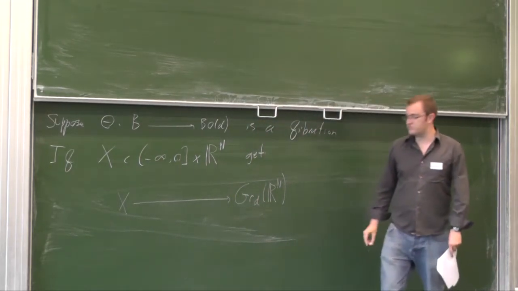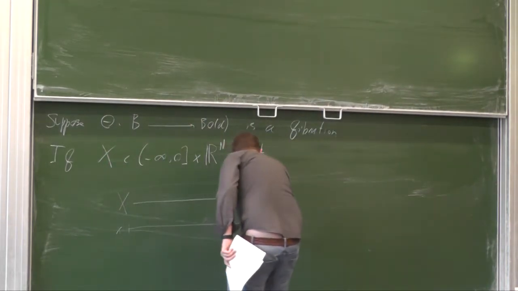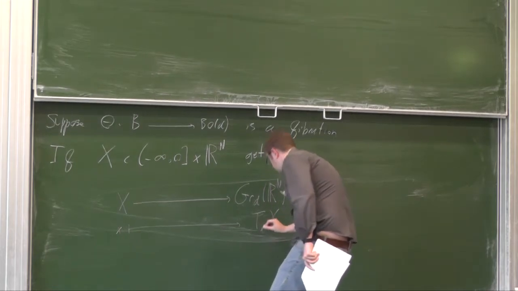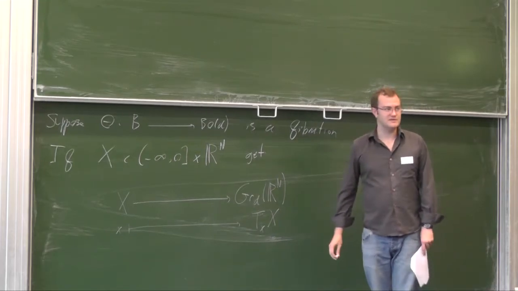A canonical map from the manifold to the Grassmannian of D-planes in Rn that sends the point X on the manifold to the tangent space of the manifold at the point X. Pretty tautological. And by definition it classifies the tangent bundle.